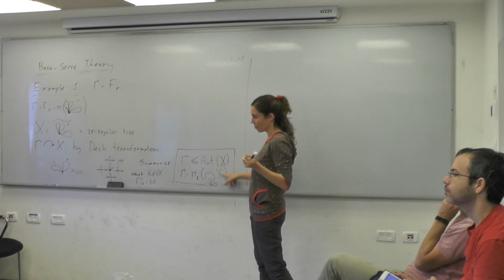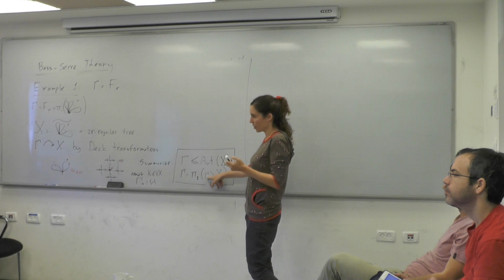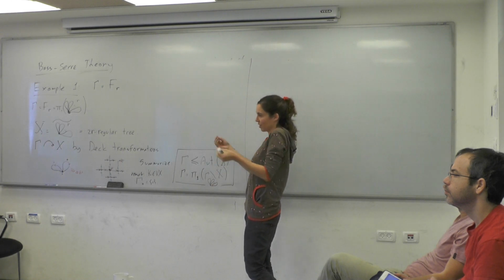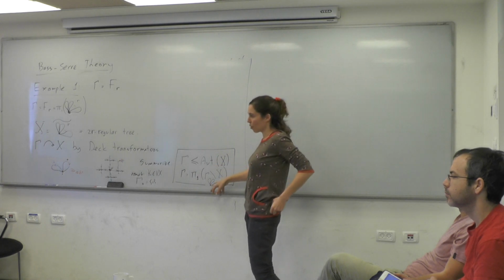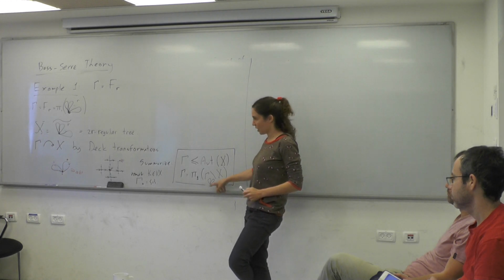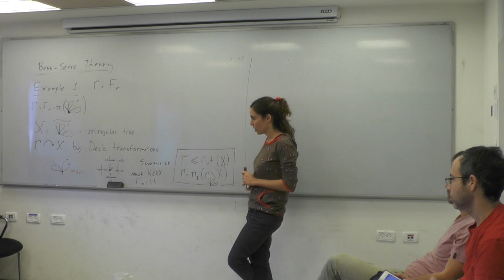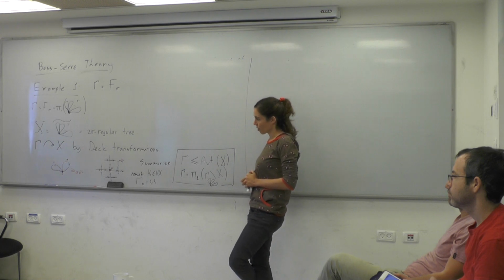So X is a graph, and when you mod it by the group action, you know, you take the graph of orbits, but of both edges and vertices. Each vertex here is an orbit of vertices, and each edge is an orbit of edges. So it's the orbit space of the gamma action on the tree, but you should realize that there is a natural graph structure on the orbit space.